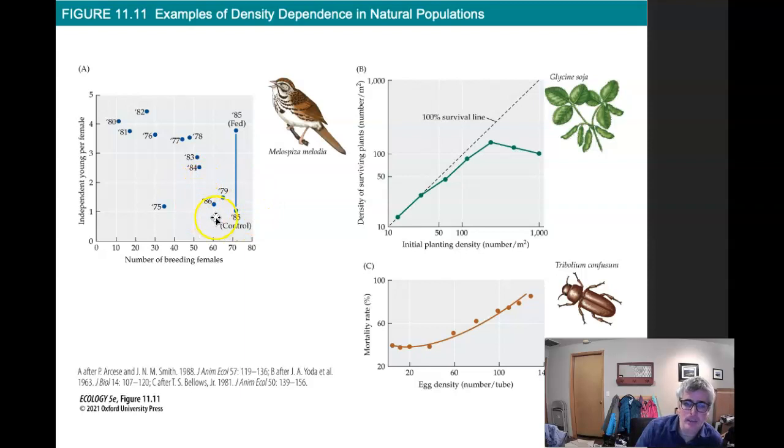And they were able to manipulate this environment by adding food to a certain part of the population, and that population, when presented with more food, had more babies, indicating that food is limiting. That becomes limiting when the population gets high.